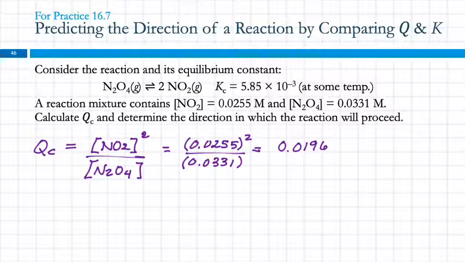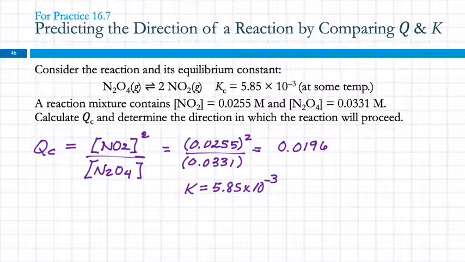So it's going backwards. K is equal to 5.85 times 10 to the minus 3. It can be tricky when you compare a number in decimal notation and a number in scientific notation.